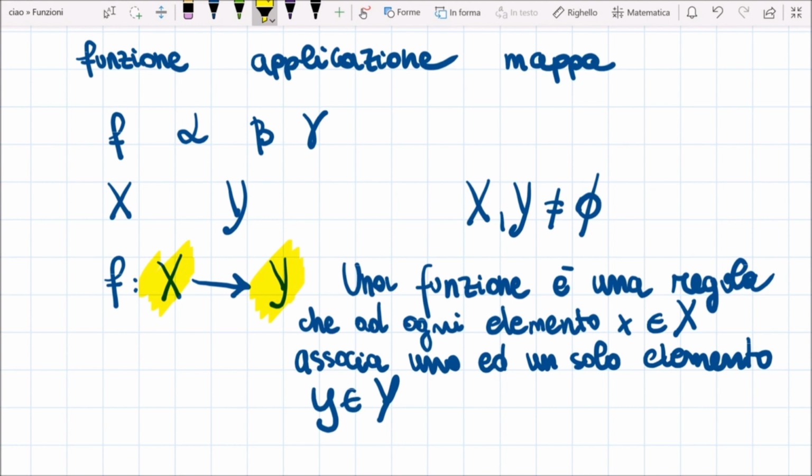This is a first definition that we find everywhere in all the notes, but there's also a mathematical expression that uses precise symbols to abbreviate what we've written in words.